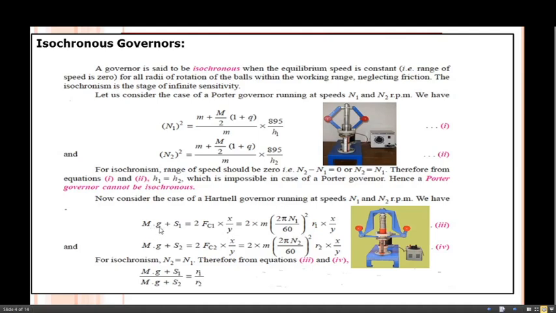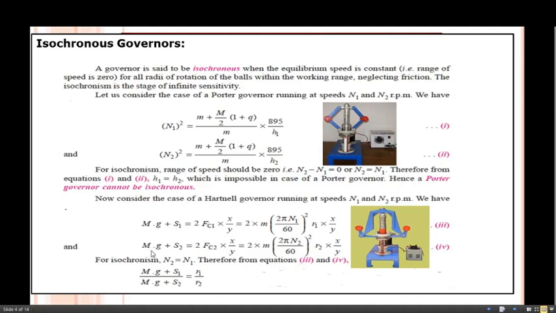So mg is nothing but the force acting on the sleeve, and s1 is the spring force. fc1 is nothing but the centrifugal force. The value for this is m omega square r. Replace this omega by 2 pi n1 divided by 60, so we can get the next relation.